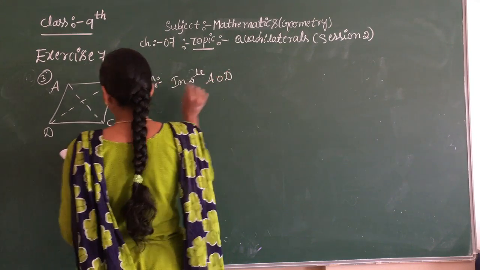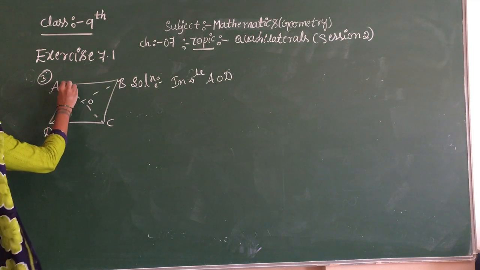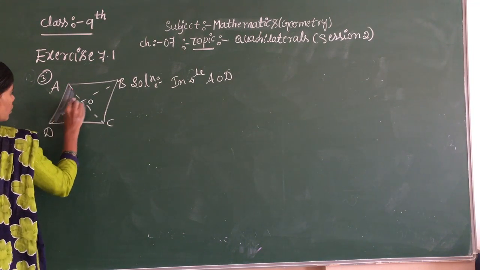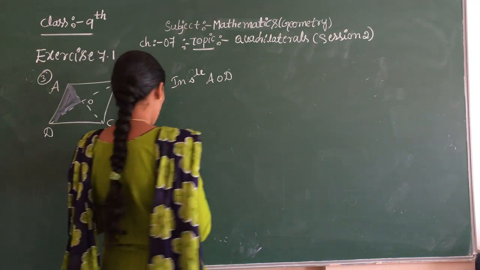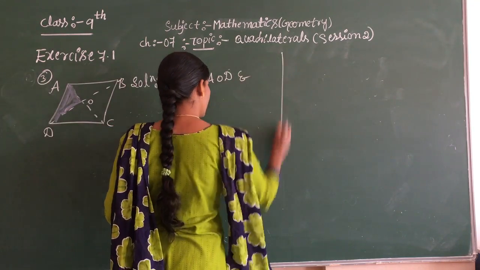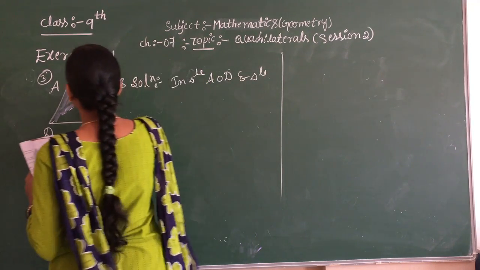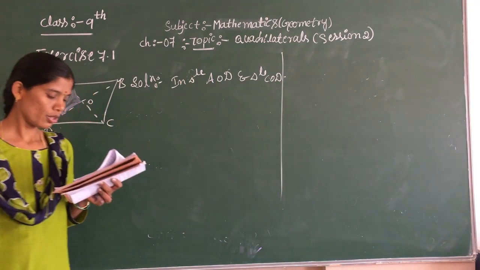In triangle AOD, where is that O? This one is O. Which part, children? This part. We should write triangle AOD and triangle COD.